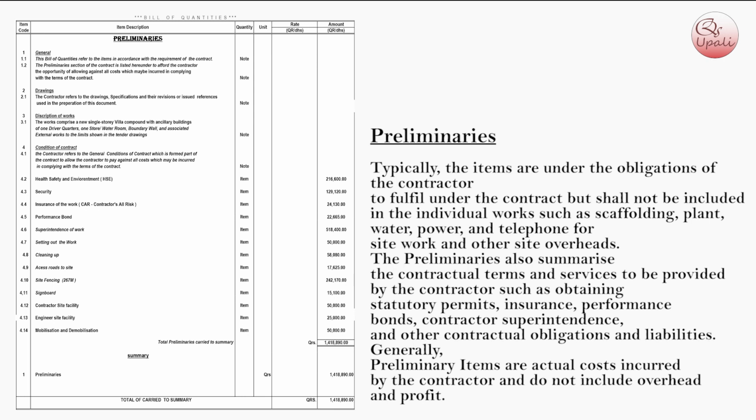The preliminaries also summarize the contractual terms and services to be provided by the contractor, such as obtaining statutory permits, insurance, performance bonds, contractor superintendence and other contractual obligations and liabilities. Generally, preliminaries items are actual costs incurred by the contractor and do not include overhead and profit.